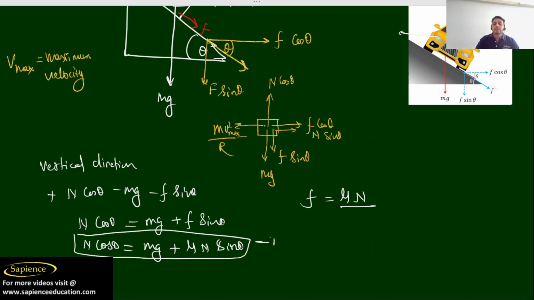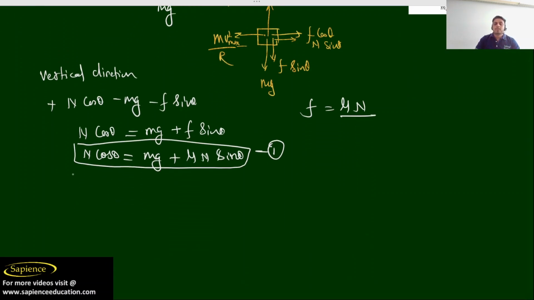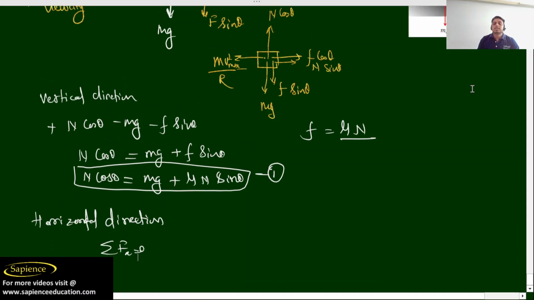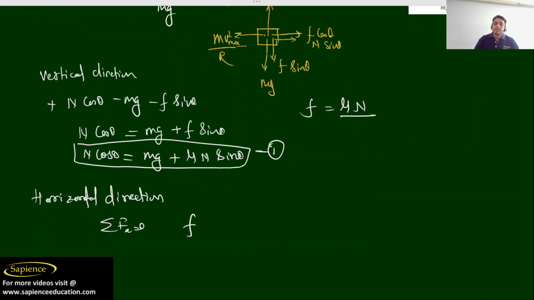Okay, now we will talk about the horizontal direction. So in the horizontal direction, we can also call it Fx equal to 0. So what are the forces acting in the horizontal direction? See here, this will be f cos theta plus N sin theta equal to m v square by r.